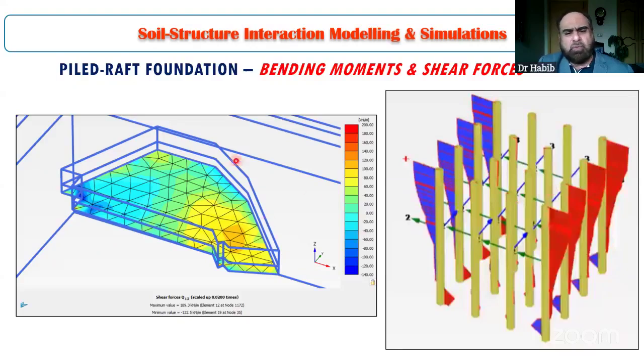And moreover, once we have a real interaction model, the bending moment and other characteristics required for the design of the pile foundation would also be real in nature. So this is a very important aspect, because otherwise, if we are considering piles alone, we may be either again over designing, or in some cases it may be under designed as well.